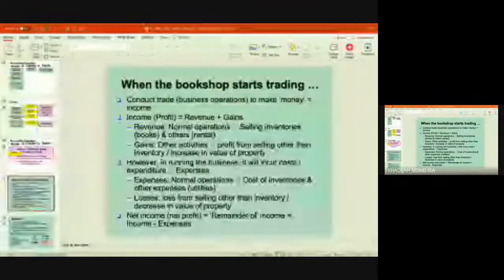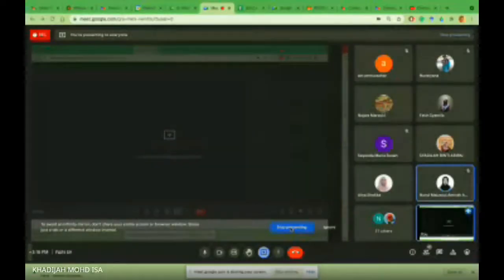As I mentioned earlier, you can have a lot of access to financial accounting and reporting 1. If you type financial accounting 1, then you can have some of the resources. Has anyone bought the textbook?